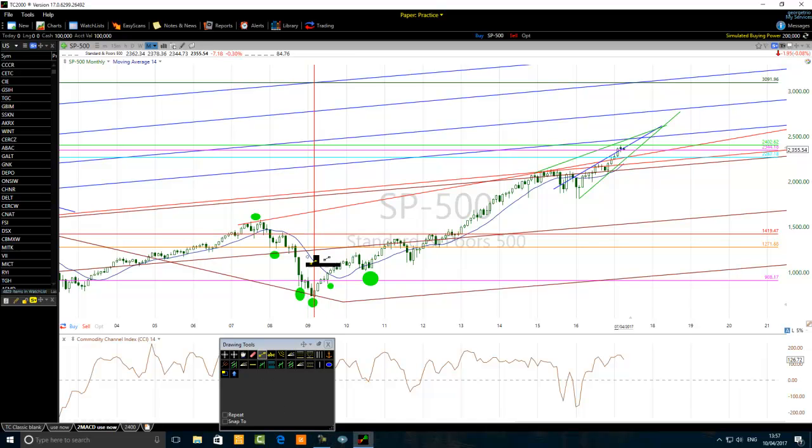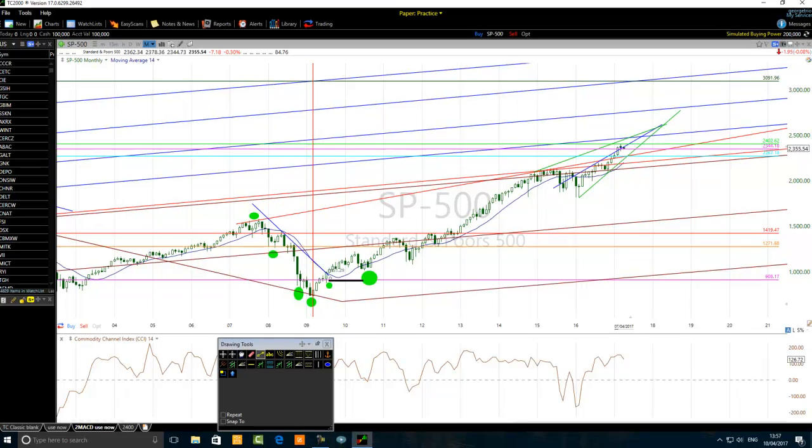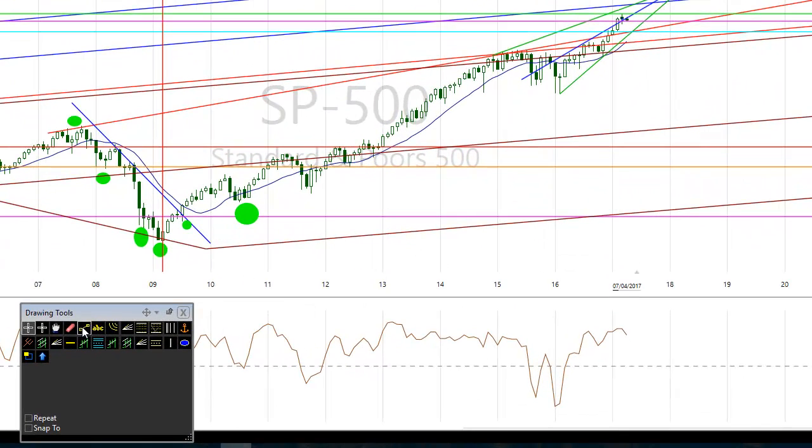It broke out of that declining channel and formed the first higher low. That first higher low indicates that the market is turning from bearish to bullish after the financial crisis. This is the signal to go into the stock market and start looking for bullish financial instruments one can buy and hold.